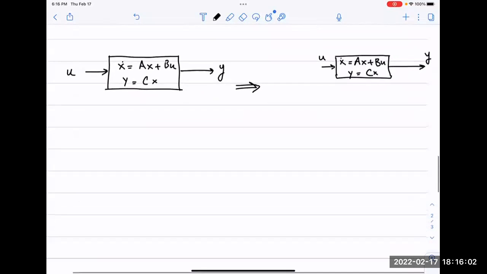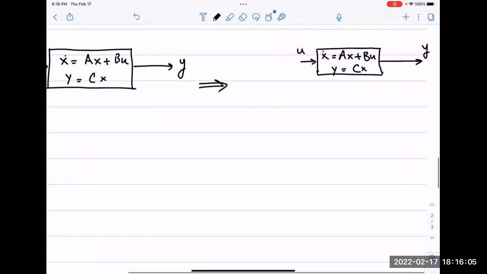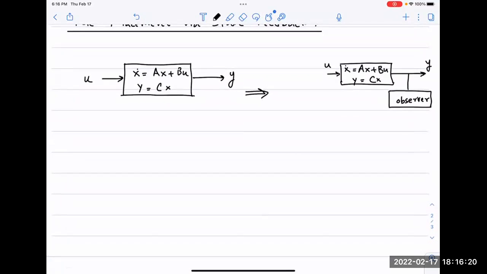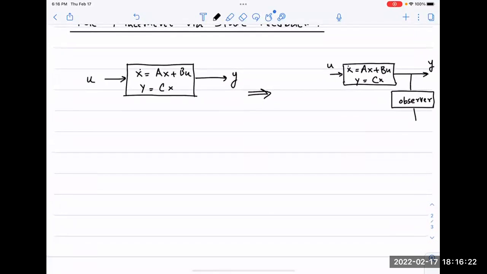The observer's role is to give you an estimate of what the system state is at a certain time. So you will have x hat, which is the output of the observer.